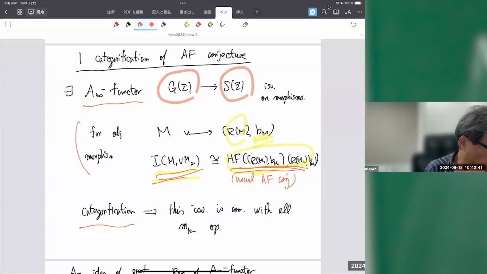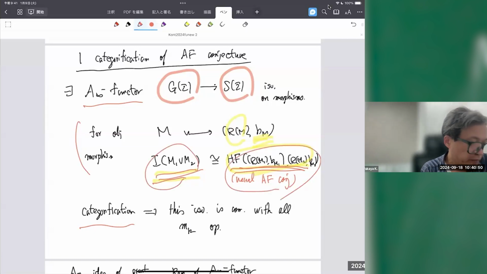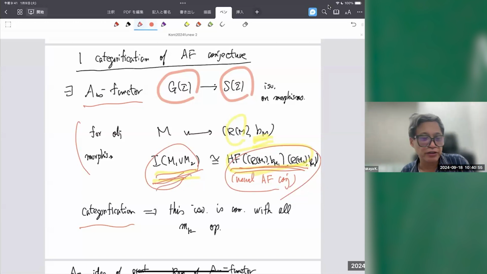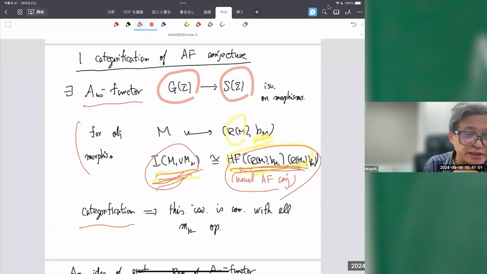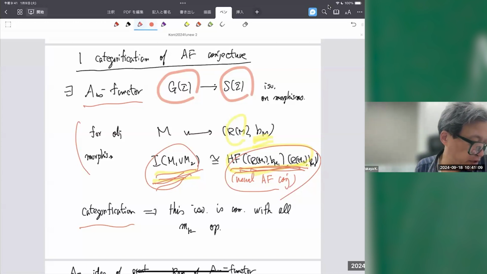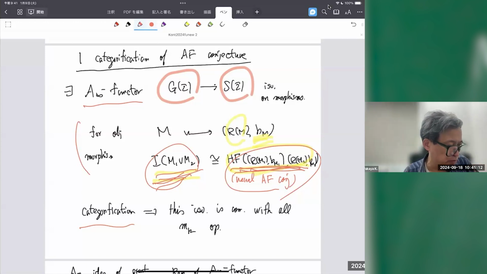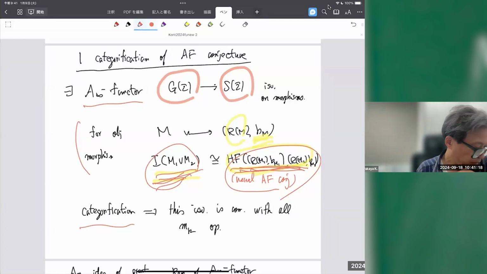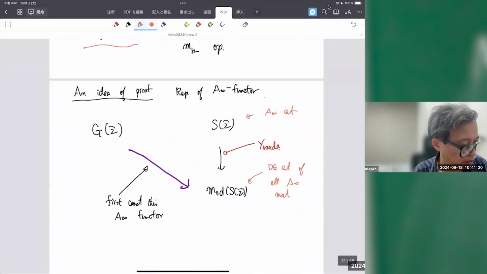Once we prove this, the main thing we have to establish is to show that all the operations here are compatible with all the operations there. As you see, the operations on the gauge theory side are obtained by counting instantons on some parameterized family of Riemannian metrics, and on the Lagrangian side they are obtained by counting polygons. So at the beginning they are not so obviously identical, but we believe we can prove the existence of the infinity functor. So this is one categorification of the Atiyah-Floer conjecture.